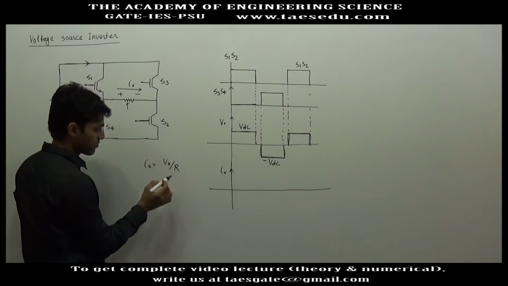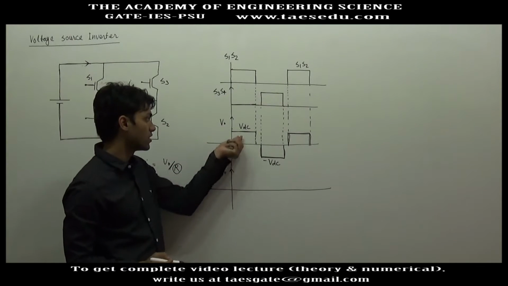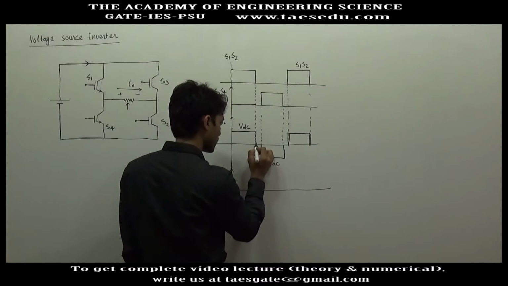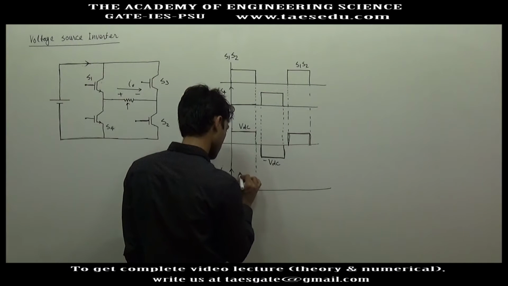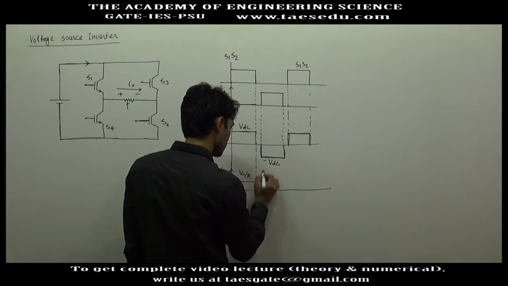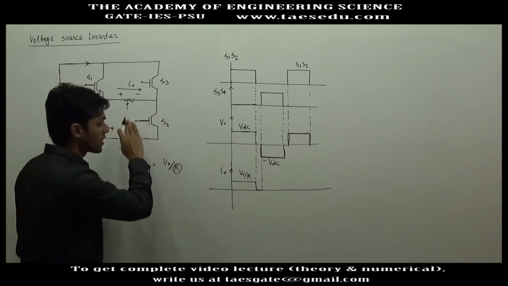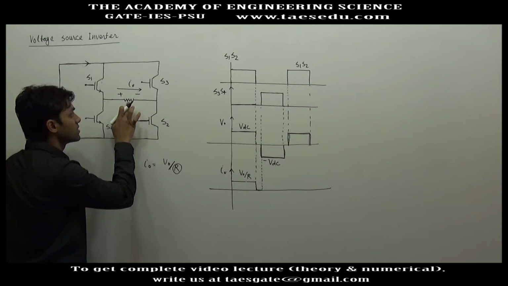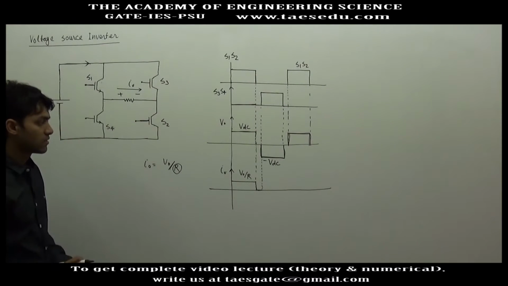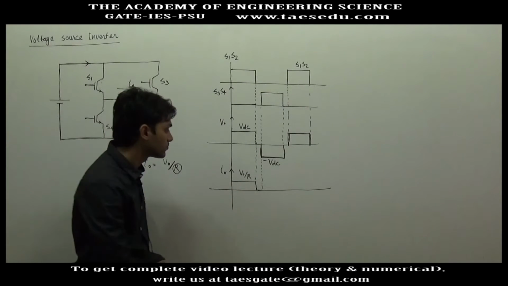You are just dividing voltage by a constant, so the characteristic of I naught and V naught will be the same. So when V naught is positive, current I naught will be positive and the magnitude will be V naught by R. When voltage is 0, current will be 0. Through resistance, current can be made suddenly 0, but if in place of resistance we had an inductor here, current could not go to 0 suddenly.